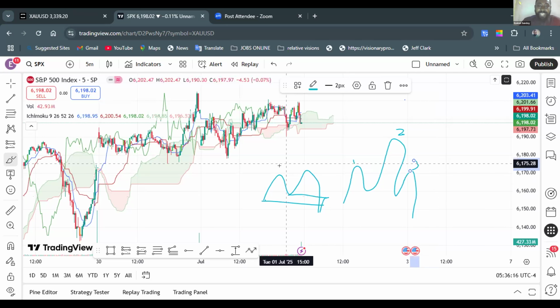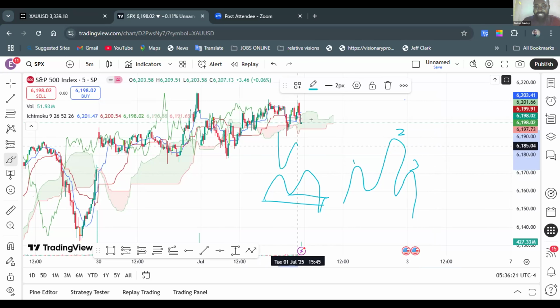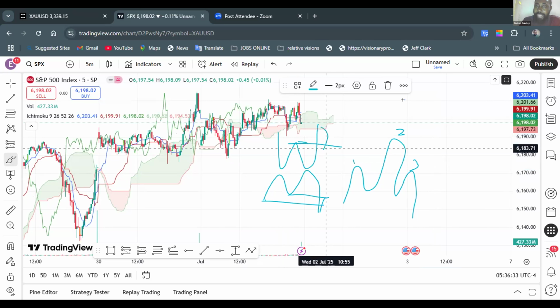So these 2. And then for a buy, you're expecting a W. When you see a W with a neck point, and there's a retest on the neck point, you know the market is about to buy.